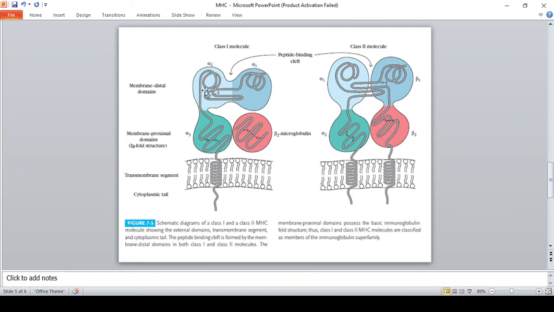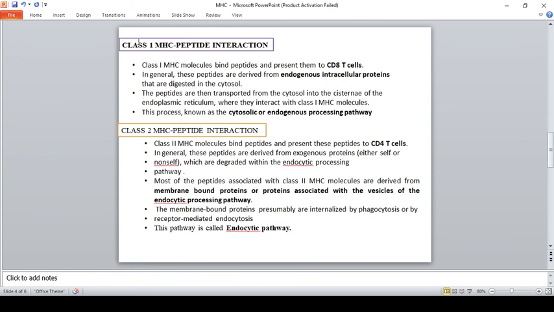They have a similar peptide structure but a different overall structure. Class 1 presents to CD8 positive, that is cytotoxic T cells. Class 2 presents to CD4 positive, that is helper T cells. This class 1 pathway is called the cytosolic pathway, in which peptide digestion happens in the cytosol, and the class 2 pathway is called endocytic, where peptide digestion occurs in the endosome.